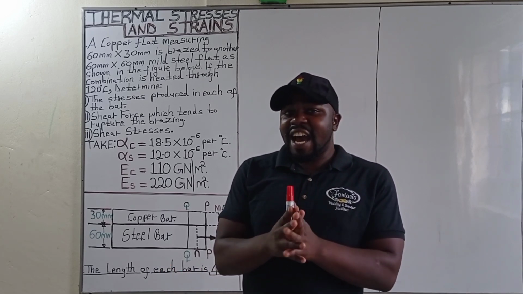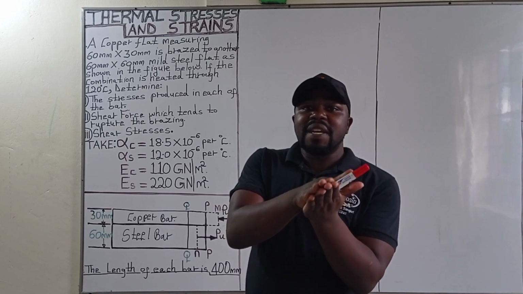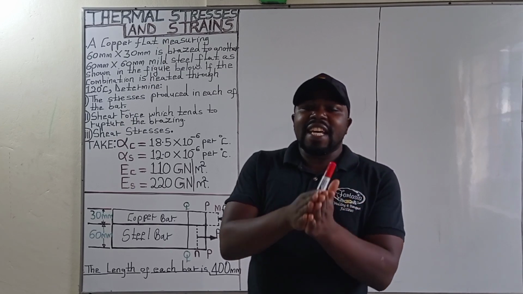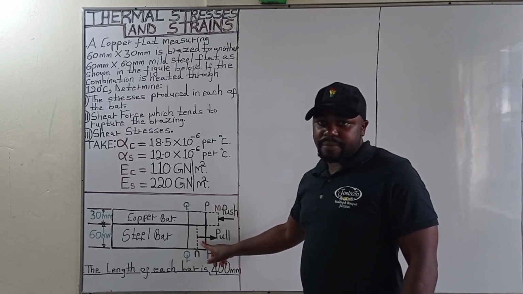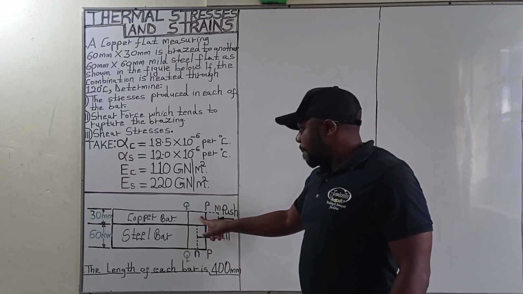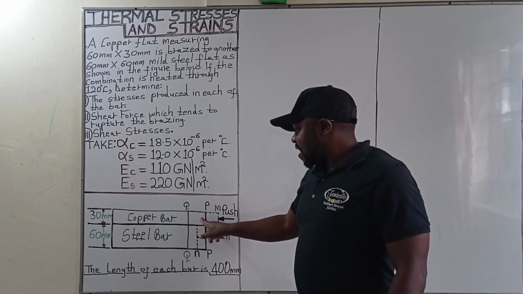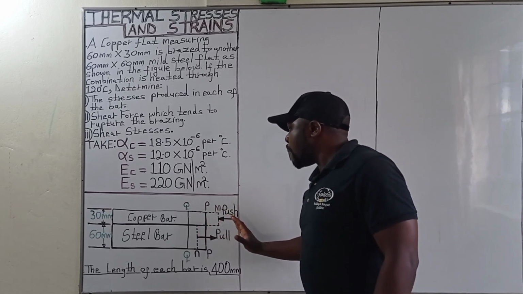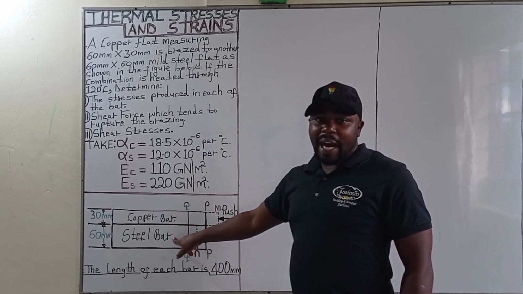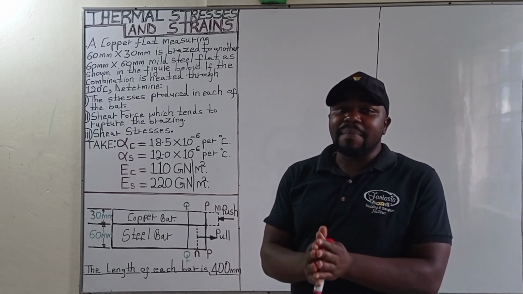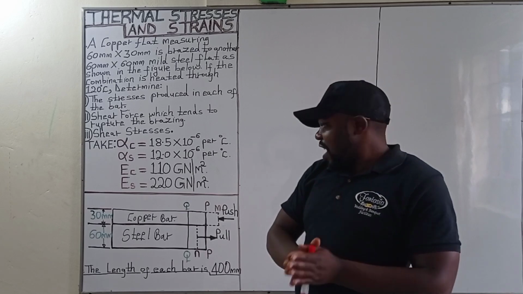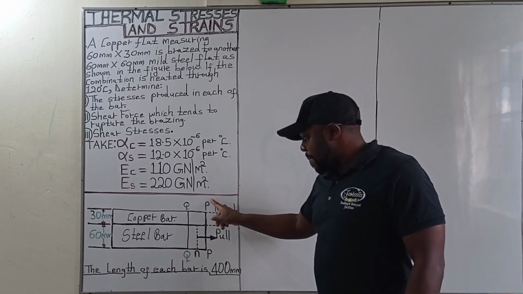But since they have been brazed, welded together, the steel flat will tend to pull the copper flat, whereas the copper flat will tend to push the steel bar. However, they will finally become stable at a certain position, and that position is position P.